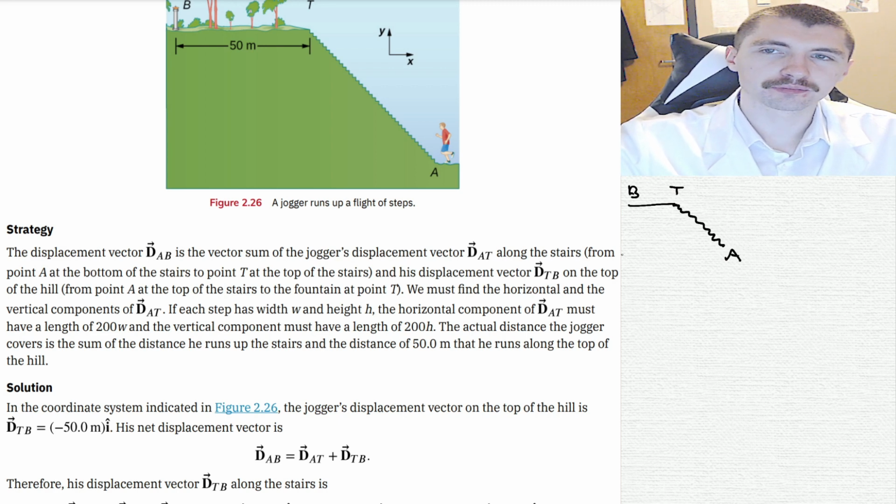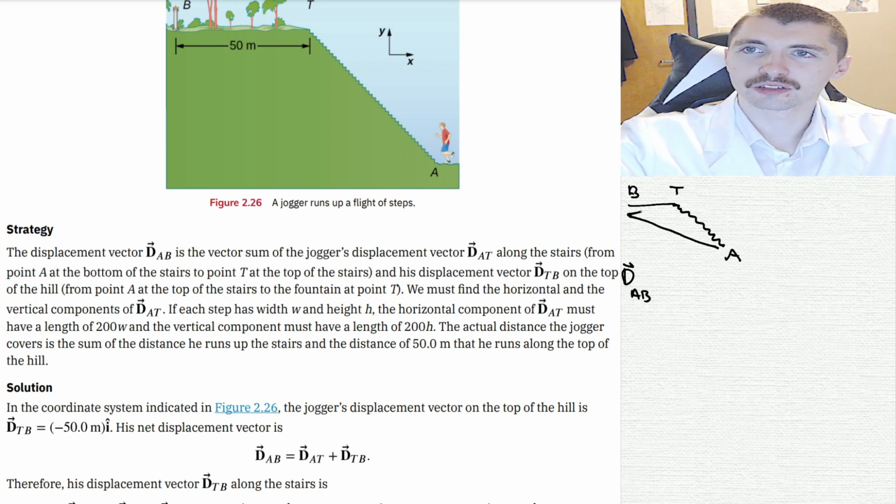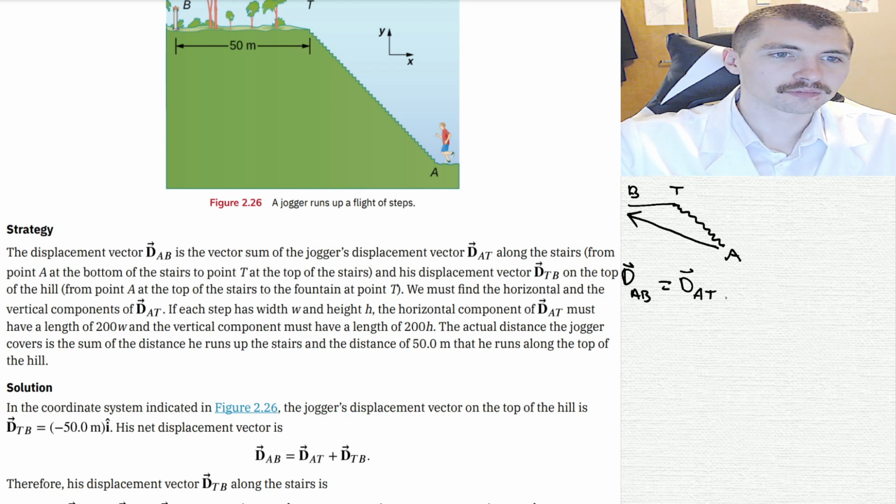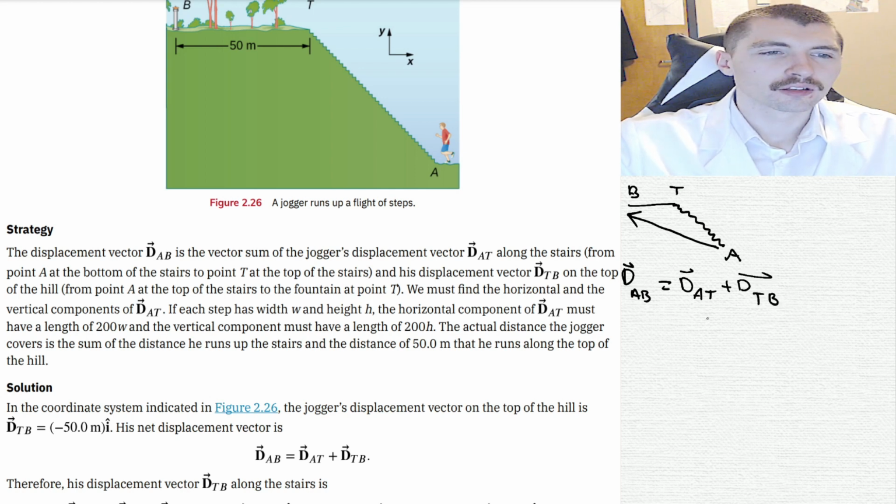It's saying the displacement of A, B, that vector is the sum of d_AT. Find the horizontal and the vertical components. Okay, so they wanted both.